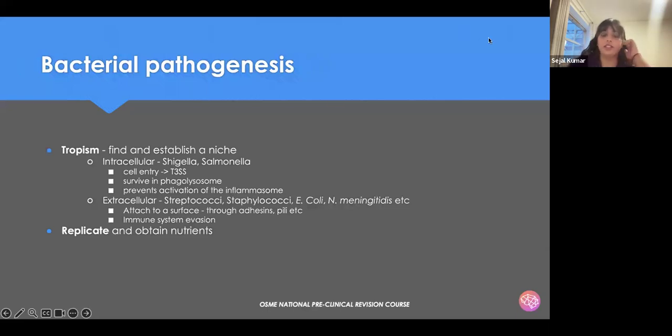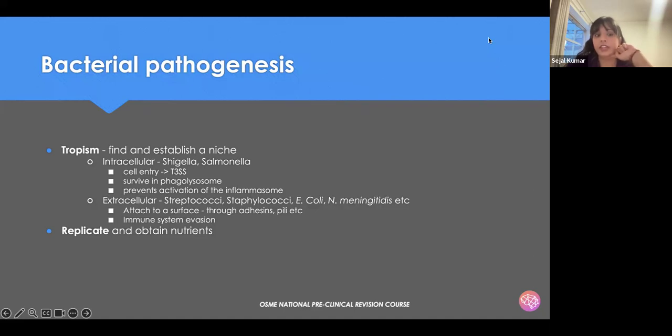So back to pathogenesis. Tropism is pretty standard. Basically, it's talking about finding and establishing a niche, so an area in the host that the bacteria can infect that would be most beneficial to them, where they have a higher chance of becoming successful. So some bacteria are intracellular and some are extracellular.